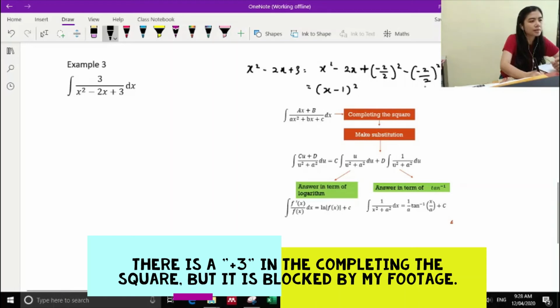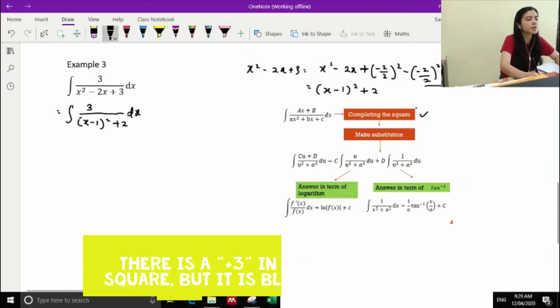How about the back? We will have the negative 1 plus 3, that gives you plus 2. So you will have the quadratic in terms of x minus 1 square plus 2. Now we are done with the completing the square.